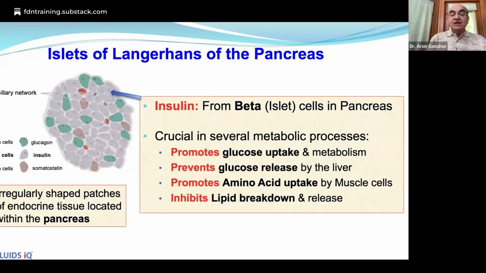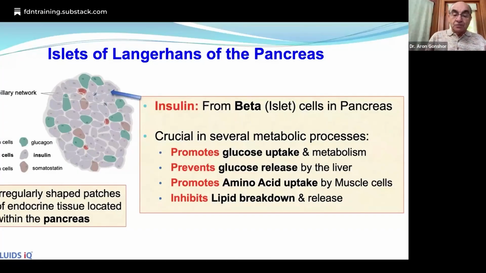And insulin is crucial in a whole number of metabolic processes. Most importantly, it promotes glucose uptake by the cells and their metabolism. At the same time, it prevents glucose from being released in the liver. We're going to go over that in a minute.